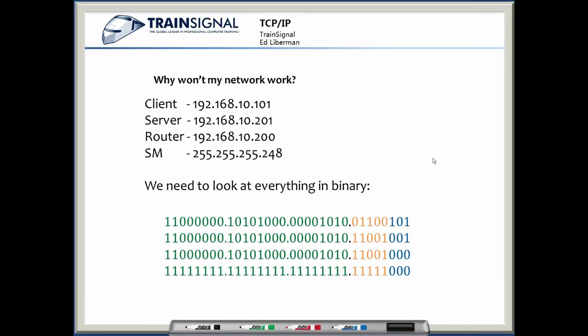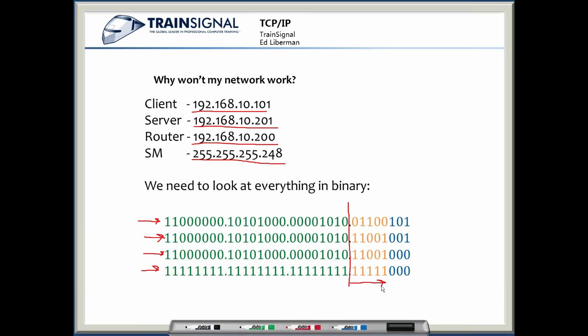Why won't it work? It won't work because we have to break this down into binary. Here are the IP addresses of our client, server, and router. We're going to take these and break them down into binary IP addresses. Then we have our subnet mask, and we break that down into a binary subnet mask. What that means is the ones, see, the line's not here anymore.